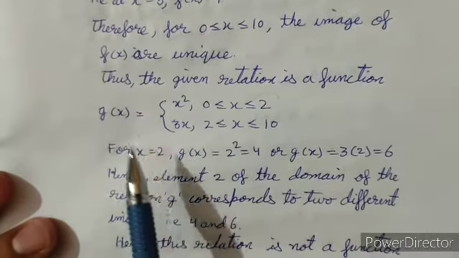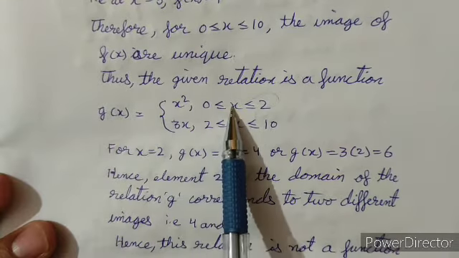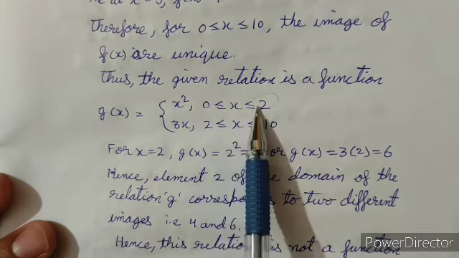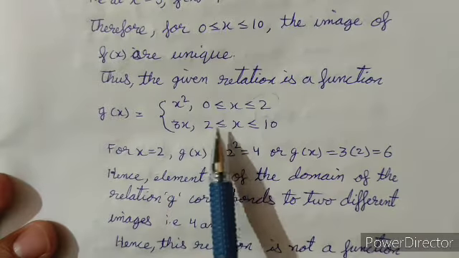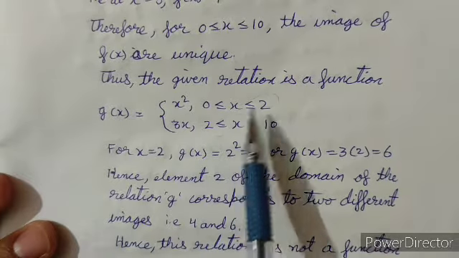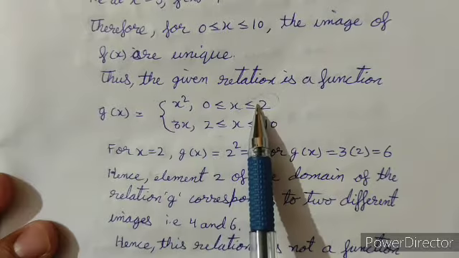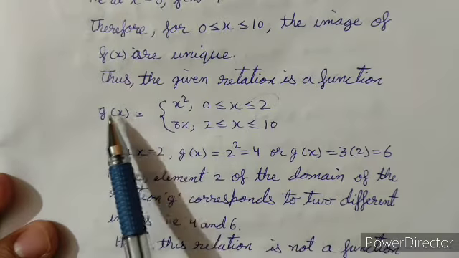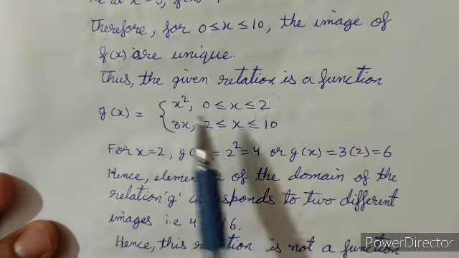Now, the second relation is g(x) equal to x² for x greater than or equal to 0 and less than or equal to 2, and 3x for x greater than or equal to 2 and less than or equal to 10. Here 2 is common in both the parts. So at x equal to 2, g(2) will be equal to the square of 2, that is 4.